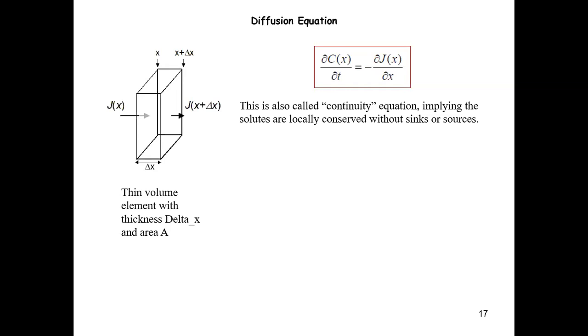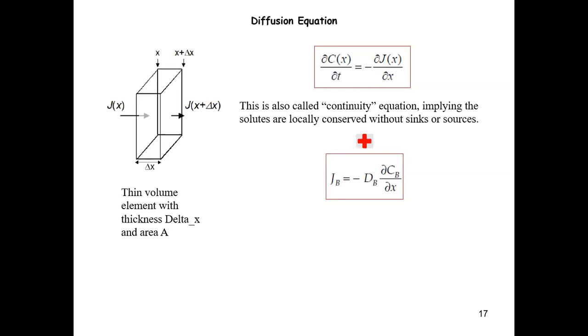It simply tells you that if there are no sources or sinks, the only reason that caused the concentration to change over time is due to flux. Okay, so no solutes are created, no solutes are being destroyed. So everything is conserved. And then the only possible way that can change the concentration within a unit volume is due to the flux. Okay, so that's what this means.